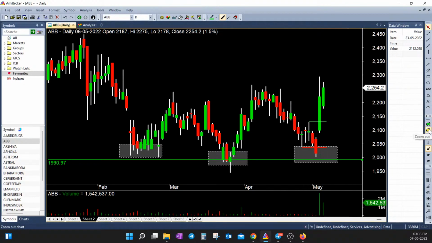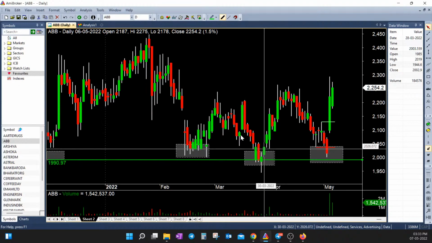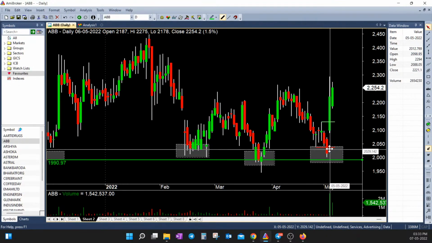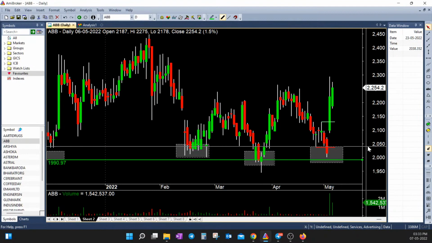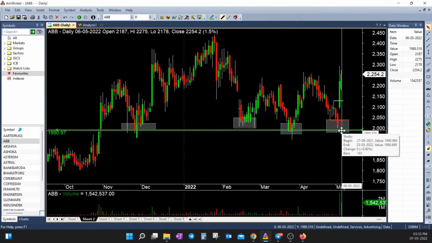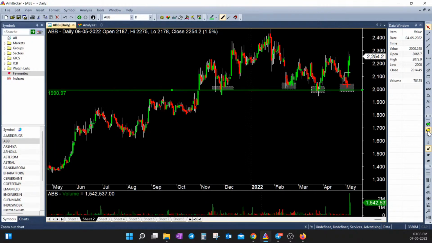But one need to understand here. So when already ABB is at the support level, okay, so why go on the sell side? Because the support hasn't broken yet, is it not? Can you make out from the charts? The support level hasn't broken here. Multiple times from November, December, the support level has been kept on tested. 1, 2, 3, 4 times.